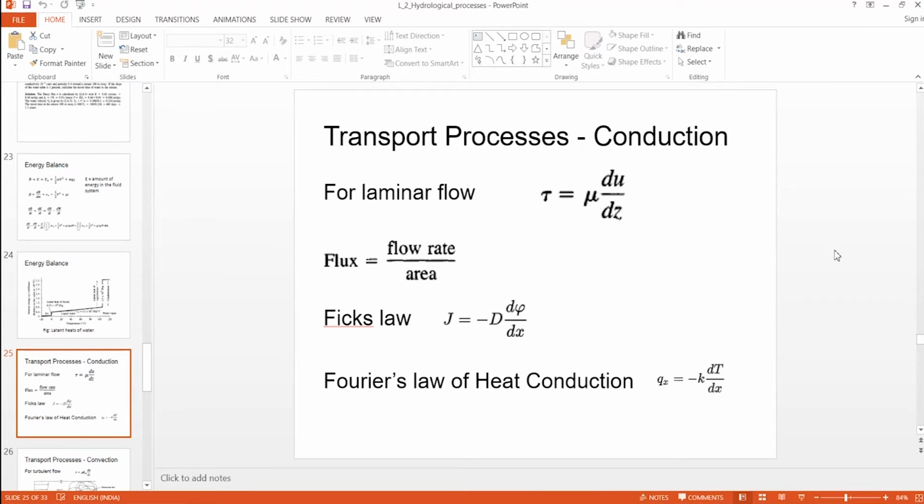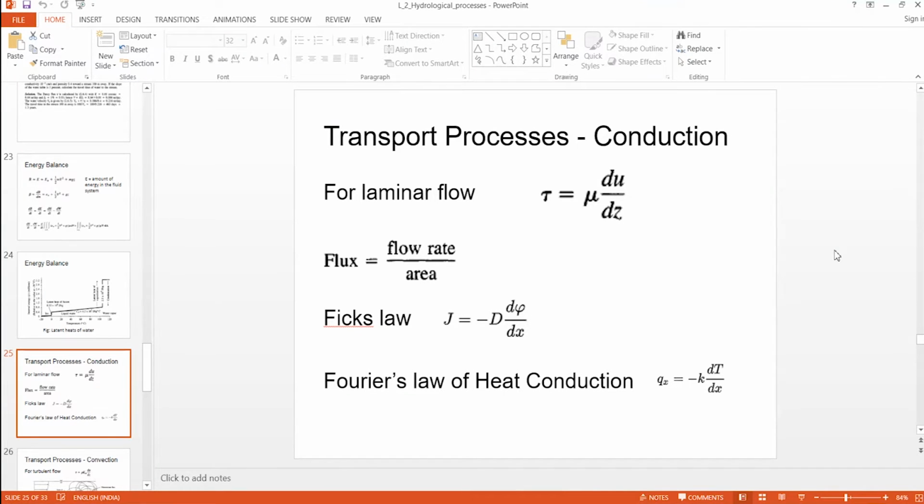Okay, so conduction mainly takes place due to the gradient. When heat or temperature is transferred from one end to the other, there is a temperature gradient, that is dT by dx. The q_x is the heat flux.